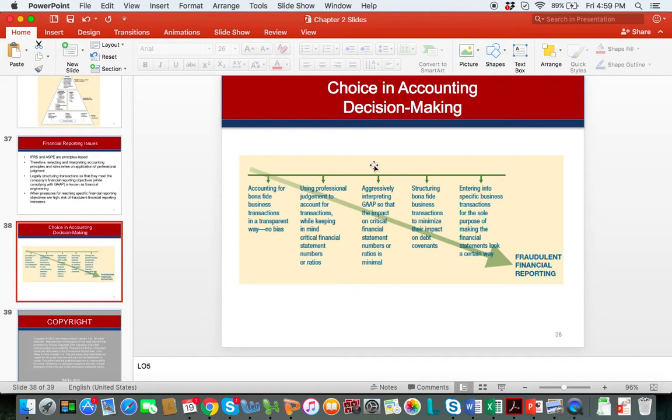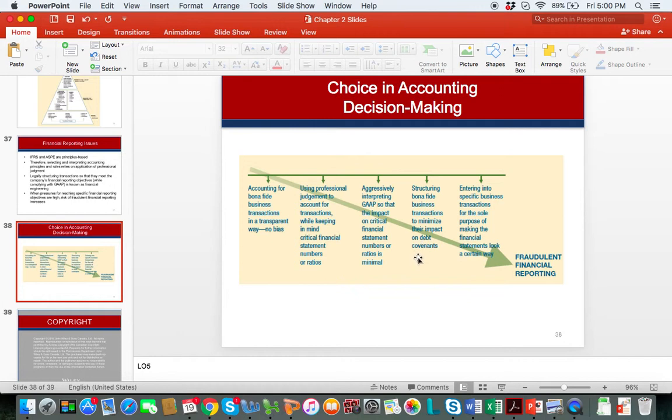So choice in accounting. Remember again, decision making is a key word. So accounting for bona fide business transactions in a transparent way with no bias. And you're using professional judgment, aggressively interpreting GAAP so that the impact on critical financial statement numbers and ratios is minimal, because we want GAAP to be relevant, and we want it structured so that bona fide business transactions minimize the impact on debt covenants.